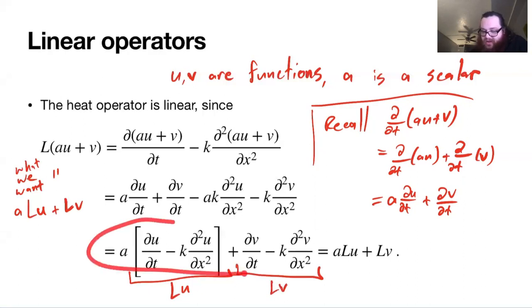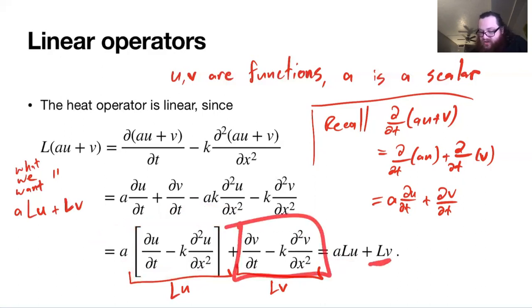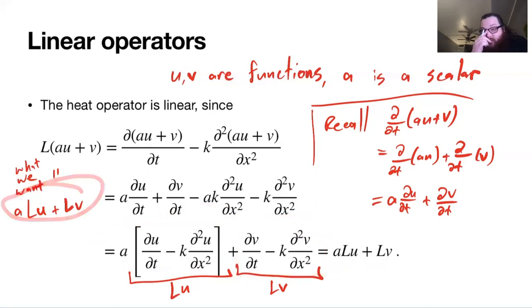So what we end up with from this line is A multiplied by L applied to u, plus L applied to v. Okay. And that's exactly the expression we wanted. So indeed, this heat operator L is linear because if you take L and apply it to a linear combination of these functions, you get that linear combination of L applied to the functions. Okay.